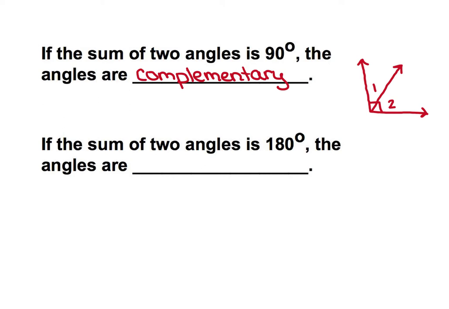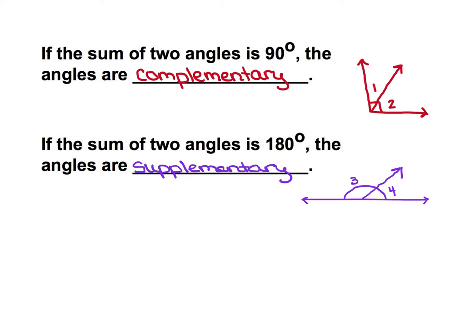What's 180 degrees? The straight angle. So we would have a straight angle that's shown with a half circle. And if I were to split it, angle 3 and angle 4 would be considered supplementary. So complementary and supplementary are 2 of the relationships we're going to focus in on.